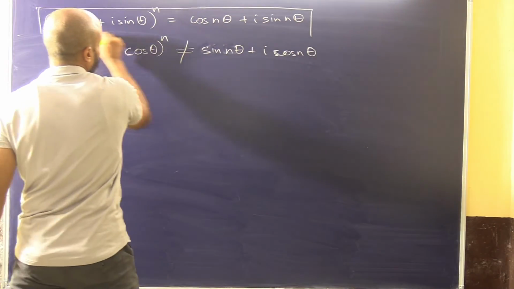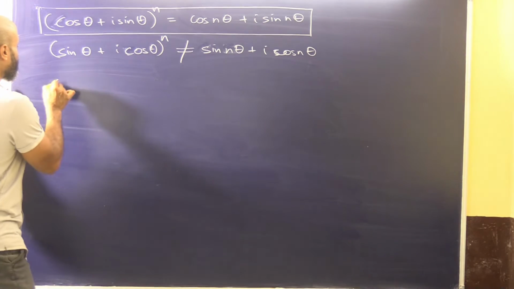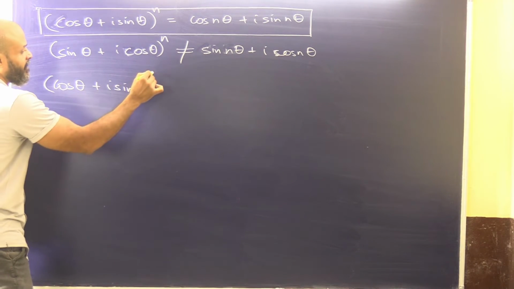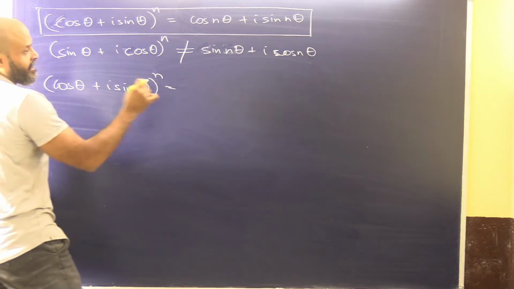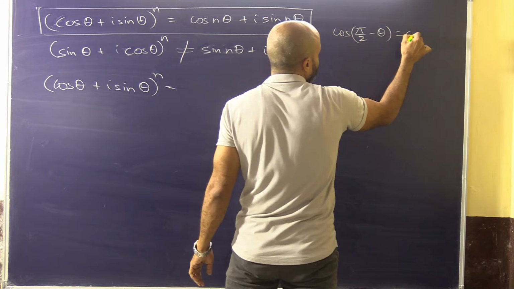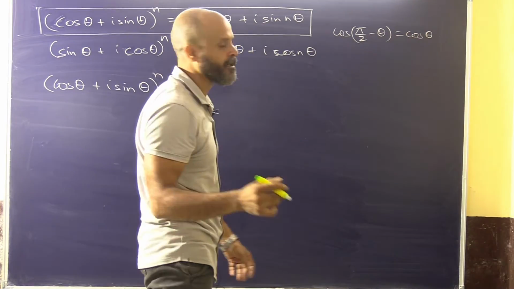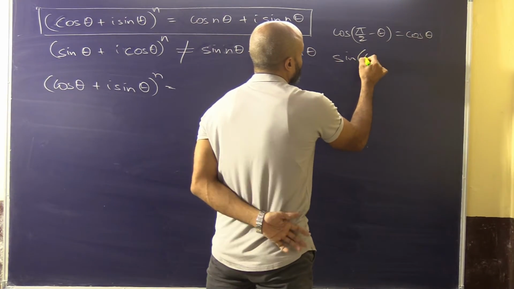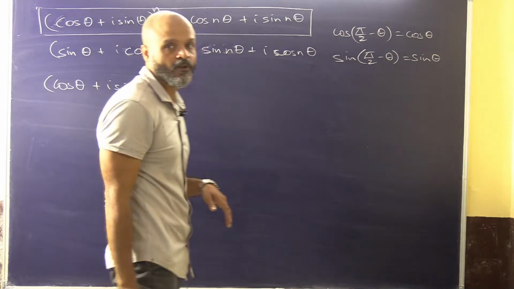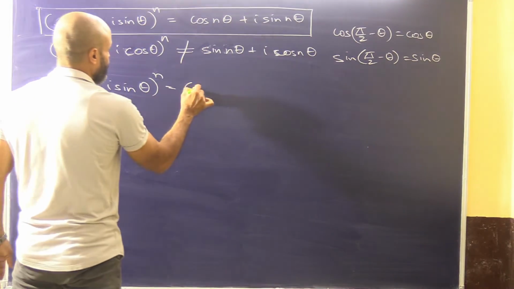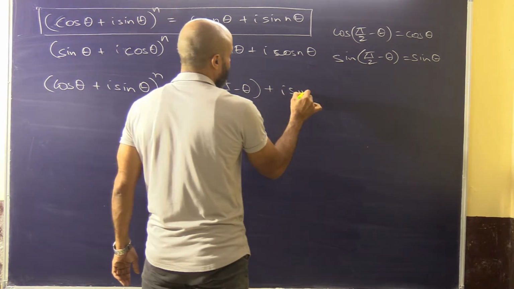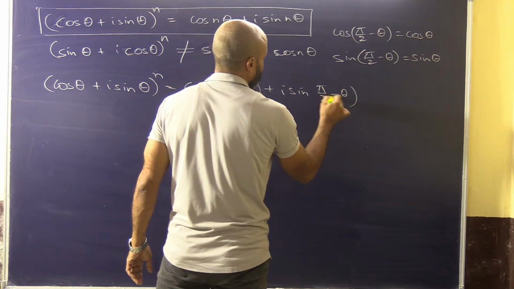One thing more, if we have cos theta plus I sin theta to the power of n, we know that cos pi by 2 minus theta is equal to cos theta, as it falls in the first quadrant. We also know that sin pi by 2 minus theta is equal to sin theta, as this also falls in the first quadrant. So in this place we can write cos pi by 2 minus theta plus I sin pi by 2 minus theta, correct?